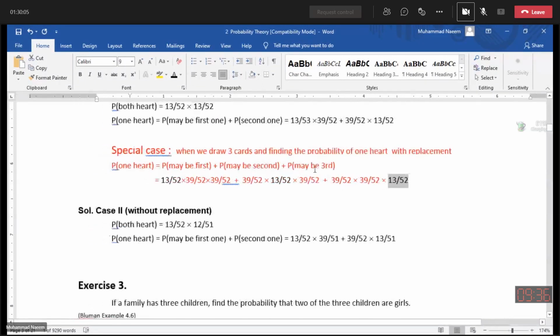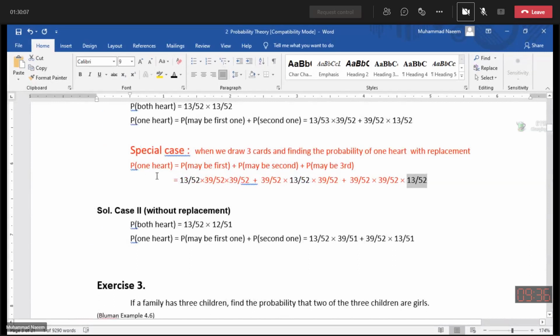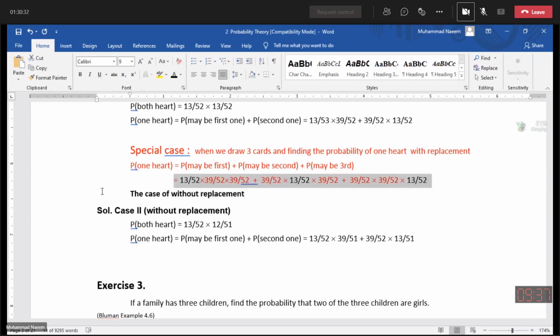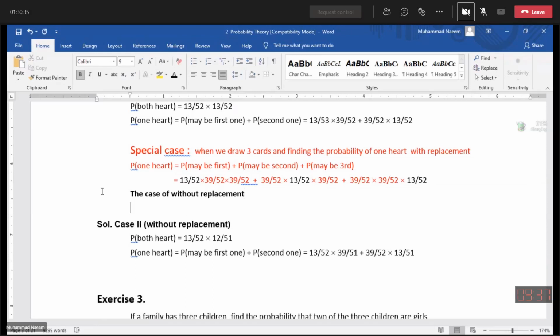Just for a moment, in the same example, if we have the case of without replacement, what happens to this probability?